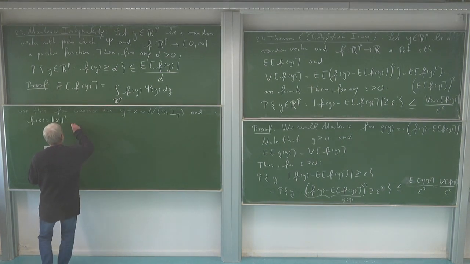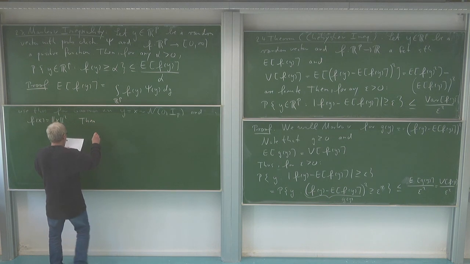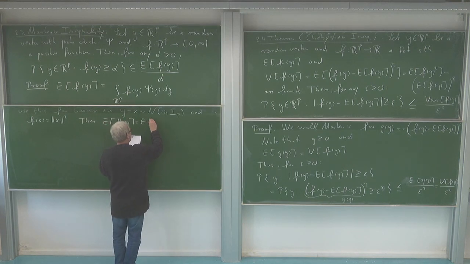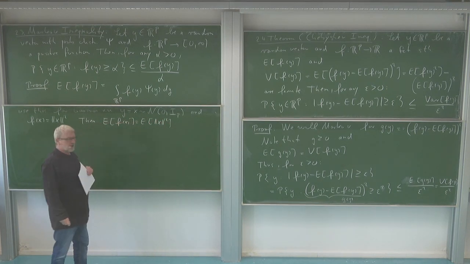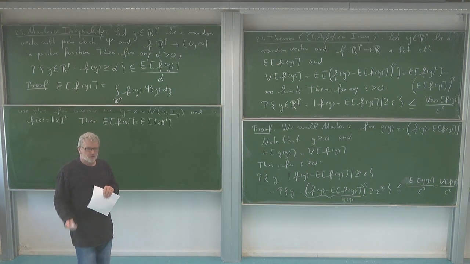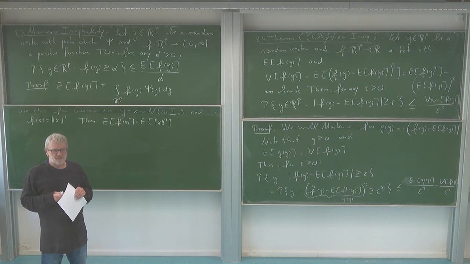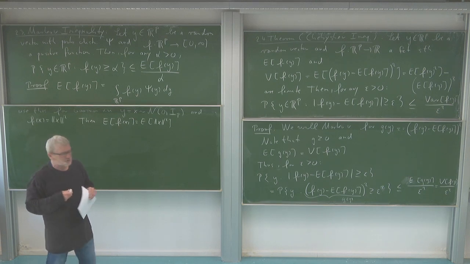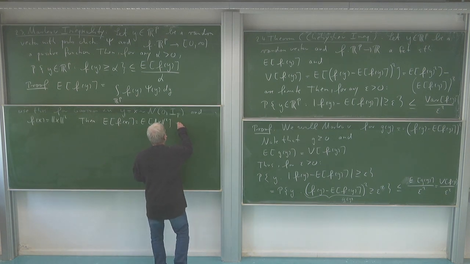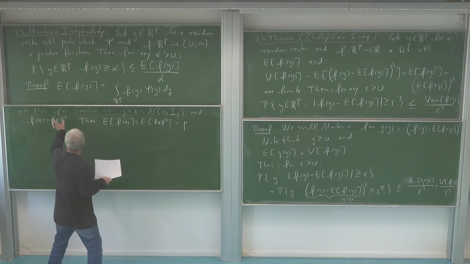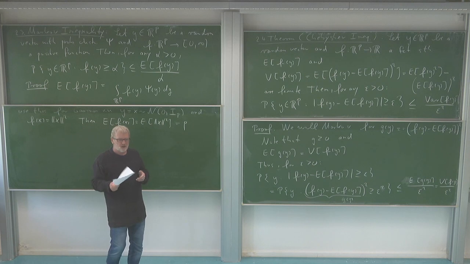That's what we already did before. The expectation of f of x is the expectation of the norm of x squared, which was the expectation of the sum of the t squared, and this just gives p times the expectation of each of them, and for each it was 1. So this was just p. That was what we know.